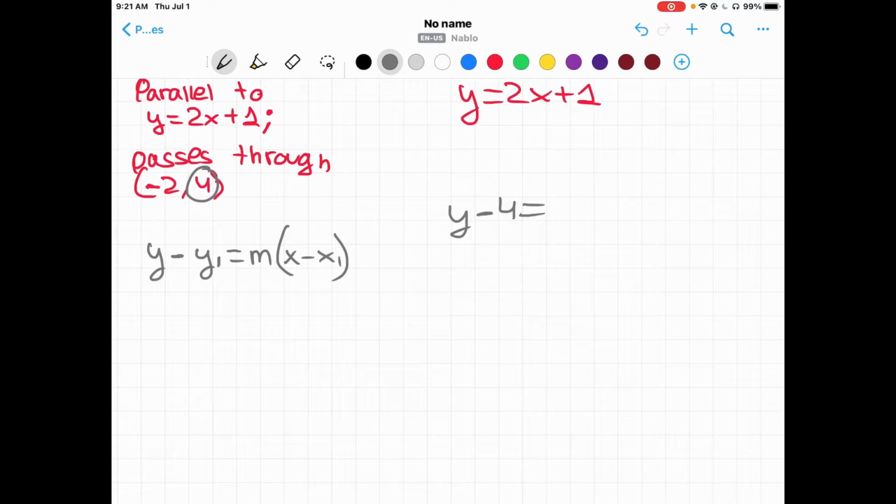You might be wondering what the slope is. As I explained before, for two lines to be parallel, they must have the same slope. In this line, the slope is 2. So in this other line that will be parallel to y equals 2x plus 1, the slope also has to be 2, multiplying x minus negative 2, which then becomes a plus.